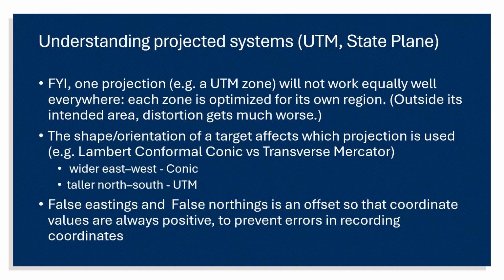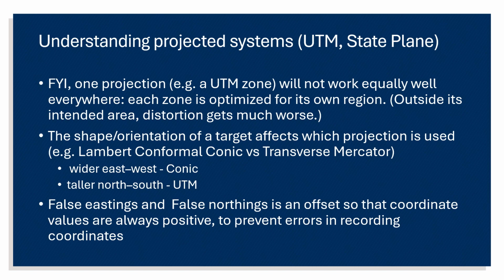So if you're looking at something that is much wider, say east to west, than it is north to south, you probably want to be in some sort of a conic or cone developable surface-based projected coordinate system, something like Lambert conformal conic. Whereas if you have something that's taller north to south than it is wide, like maybe say the state of Illinois, then you would probably want to be in a UTM type system as opposed to Lambert conformal conic.